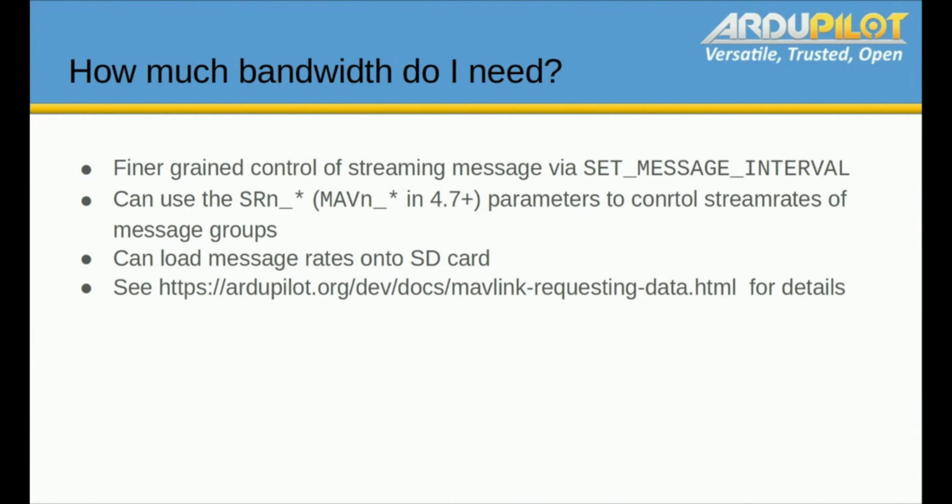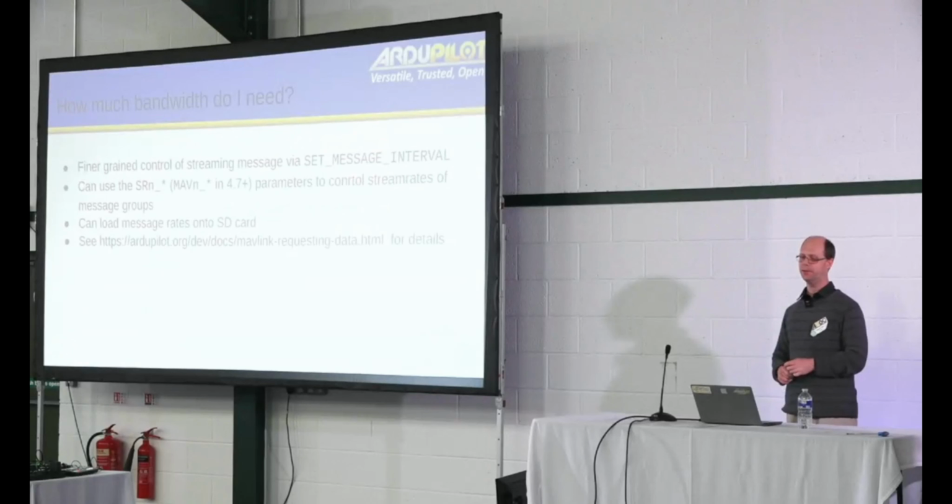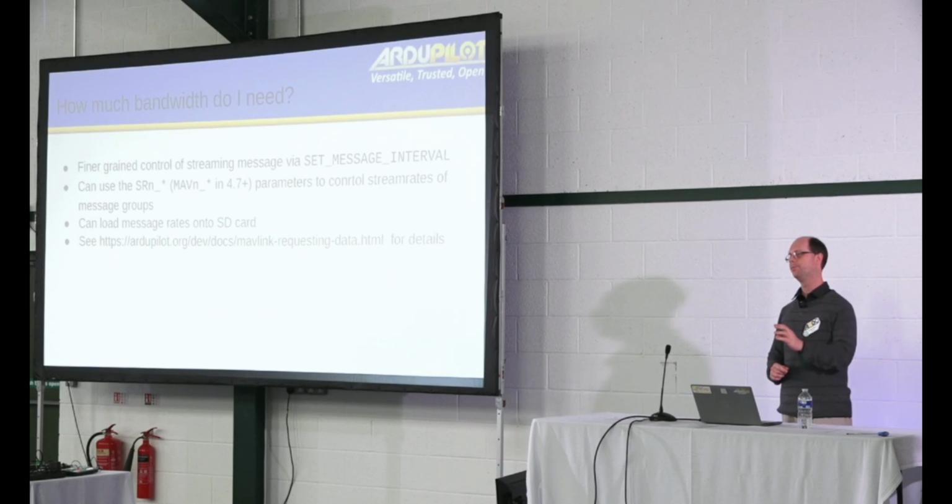ArduPilot will just stream the data it wants to and ignore any messages from a potentially misconfigured GCS. If the GCS inadvertently starts telling ArduPilot to send everything at 10 Hertz, you can just tell ArduPilot, no, just send everything at 1 Hertz, that's good enough for me.